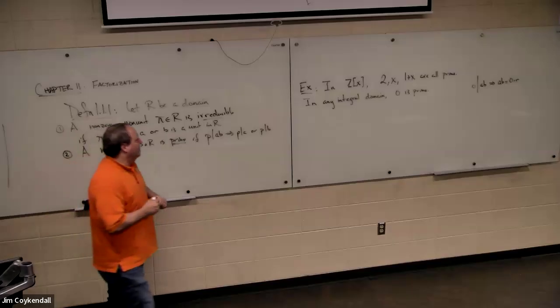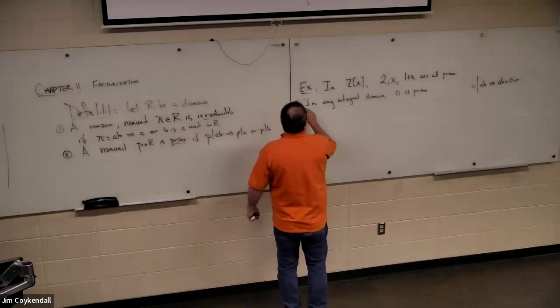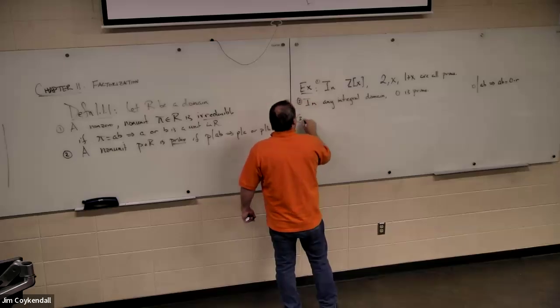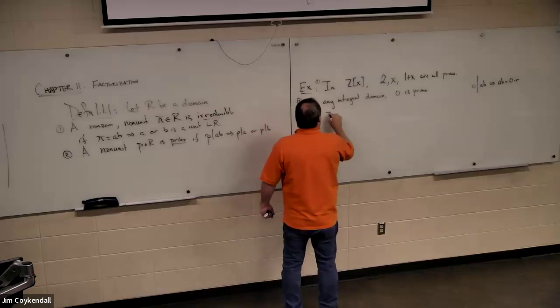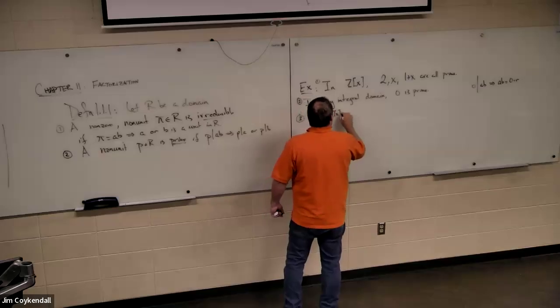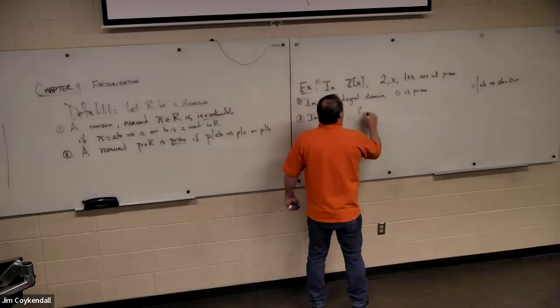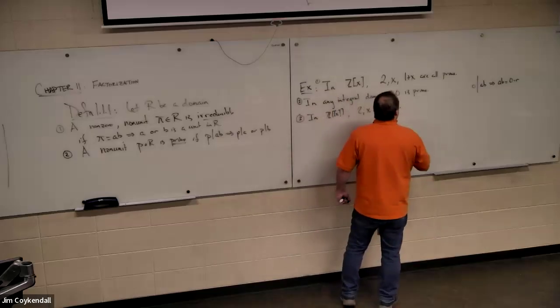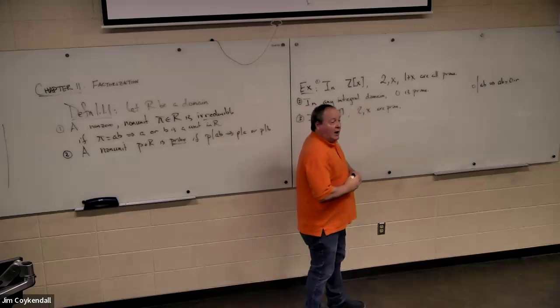In the power series ring, I'm going to look at these elements again. Two and x are prime. 1 plus x is not.